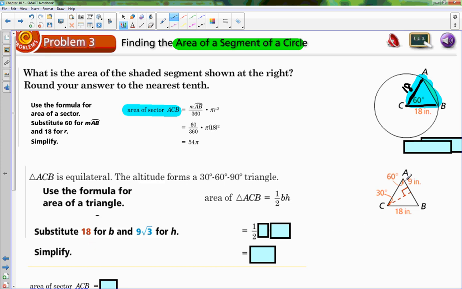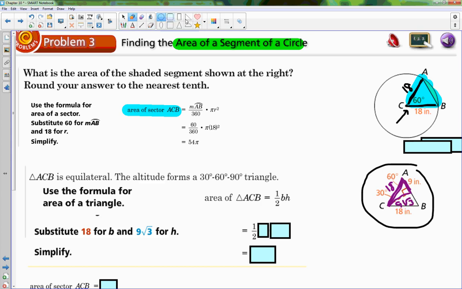If you look, here's a replication of that triangle up here. We have a 30, 60, 90 triangle. If the hypotenuse is 18, then the short side is half of that because the hypotenuse is twice the short side. And then our height is 9 times the square root of 3.